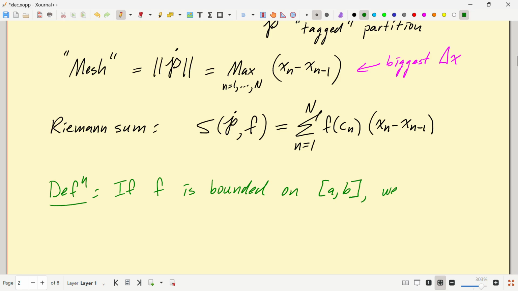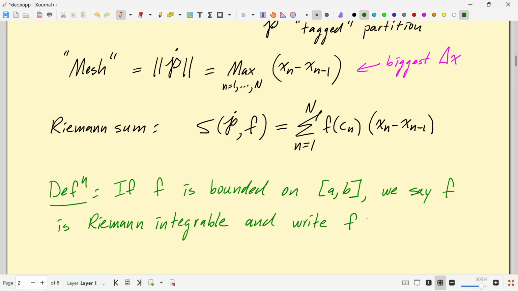We say f is Riemann integrable, and we've been writing that f is in R of AB.